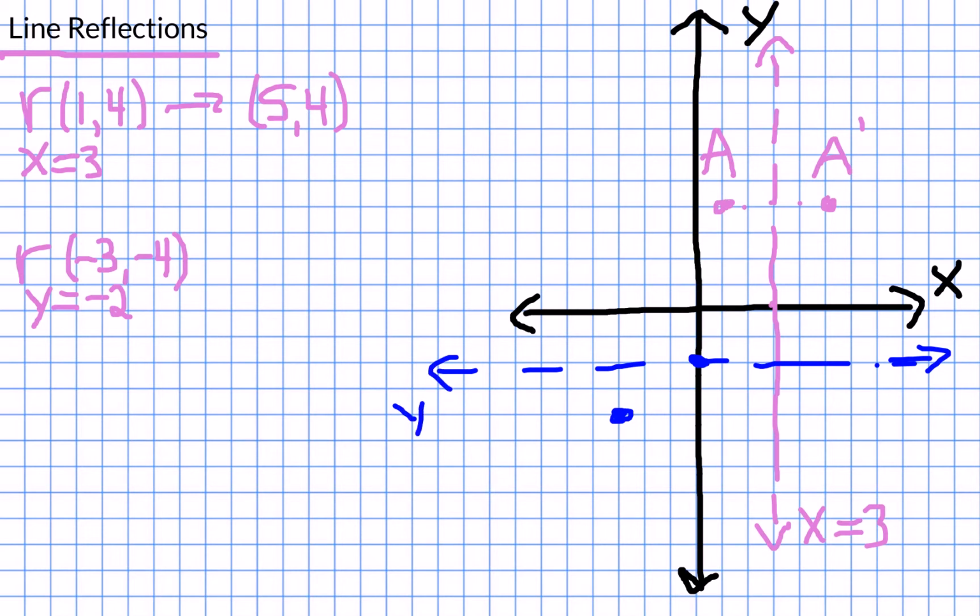That's the line y = -2. To reflect this point, we will call it B, in the line y = -2, we count the perpendicular distance to the line of reflection. It happens to be 2 units away, and we continue 2 units on the other side. Mark the image, call the image B prime, and that image is (-3, 0).